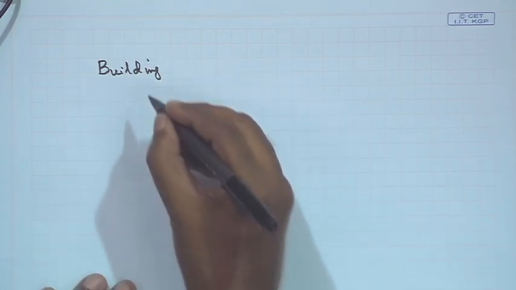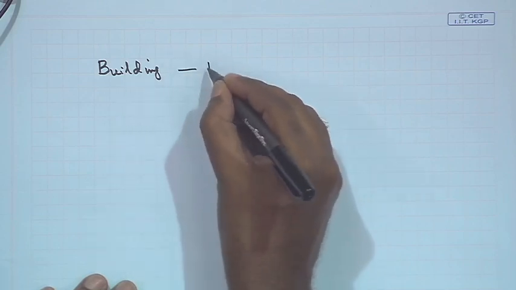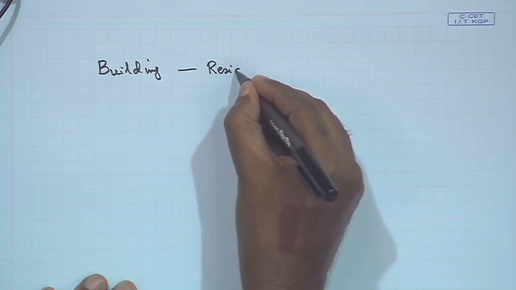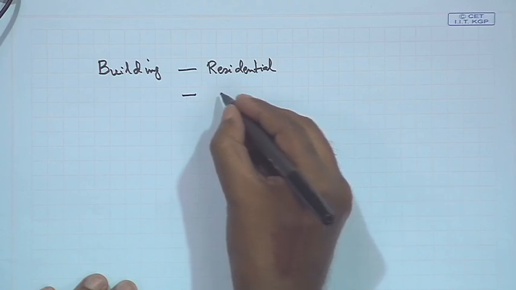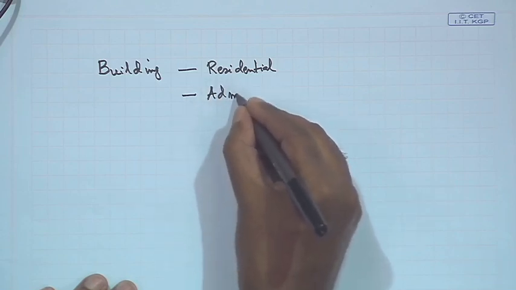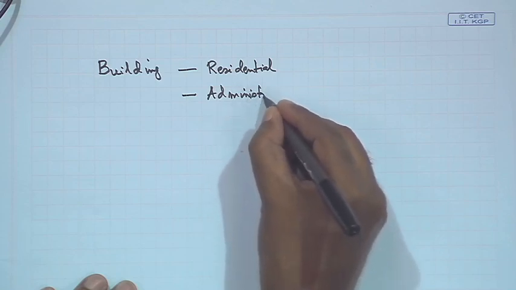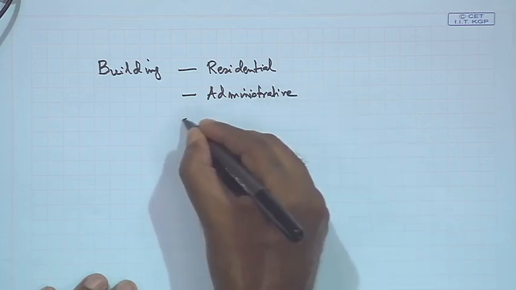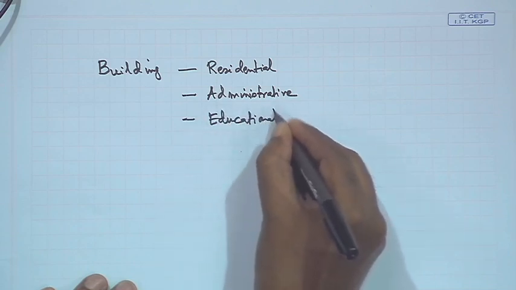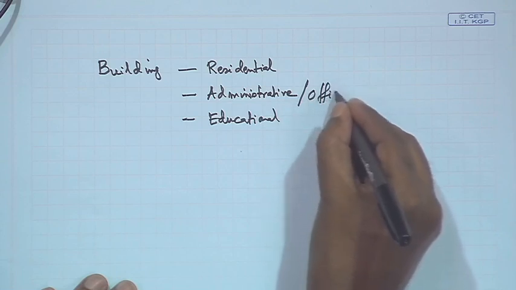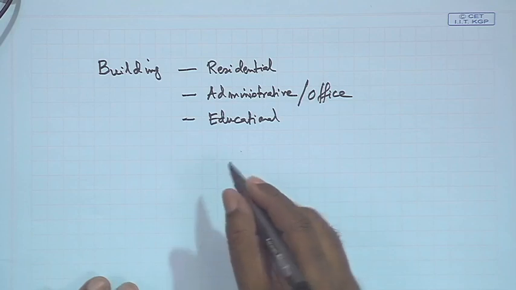Whenever we talk about buildings, the building can be residential, then administrative, educational, I mean to say office and educational buildings. Like that we can have.